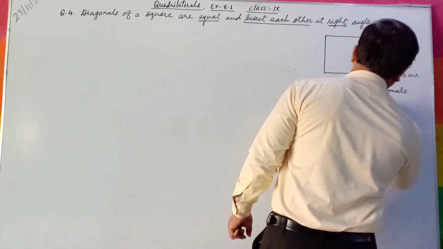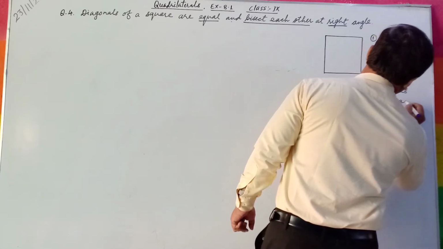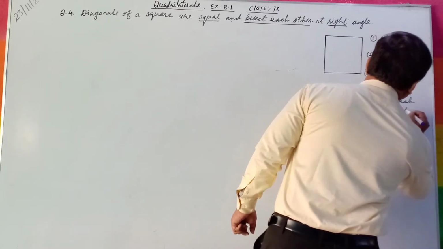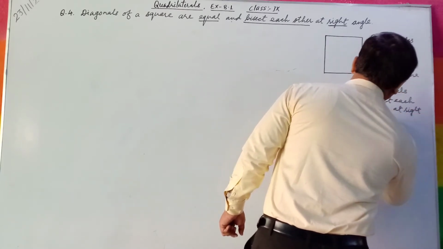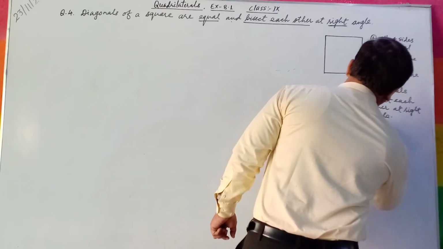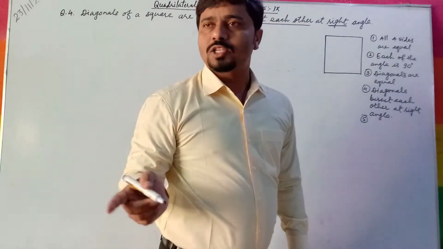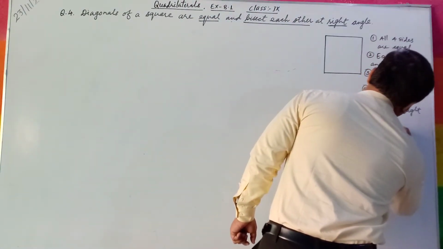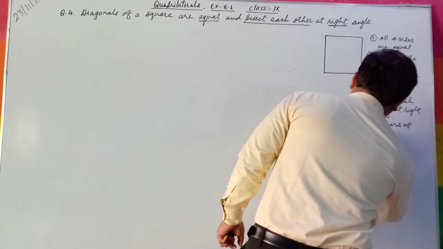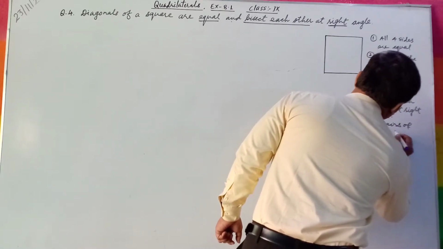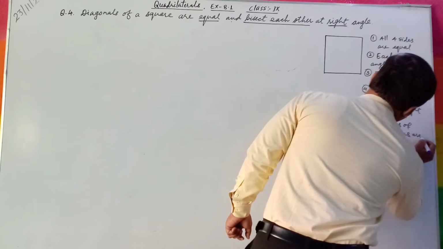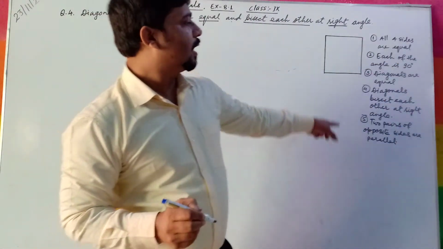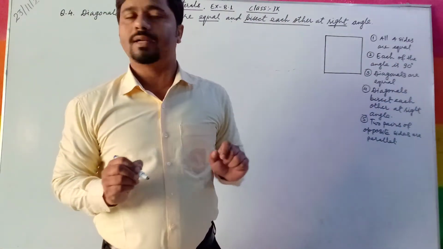And a fifth is also there: two pairs of opposite sides are parallel. So these all are the properties of a square.